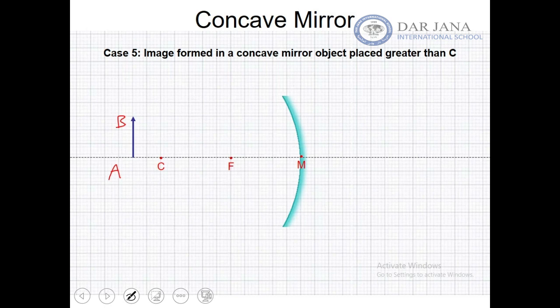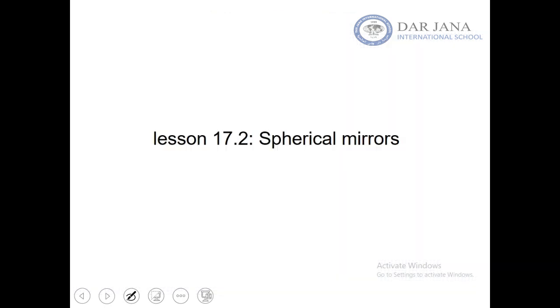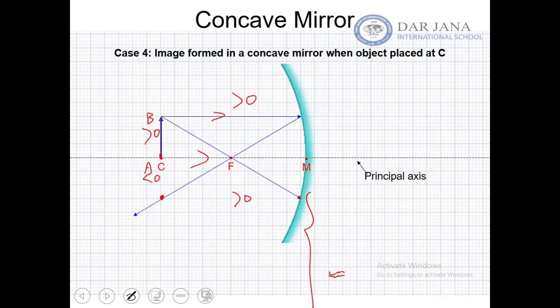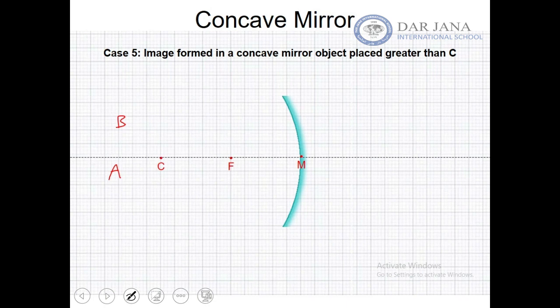Two reflected rays as usual will be produced from point B. This is the first reflected ray, as usual, parallel to the principal axis. So its reflection will pass through point F, focused at point F, the focal point.